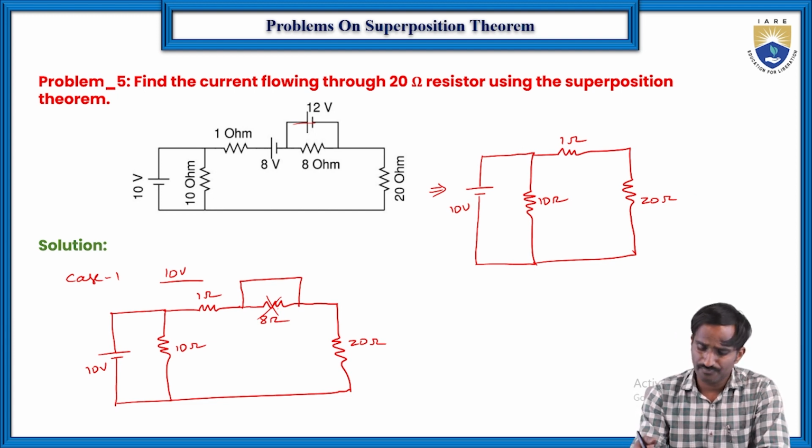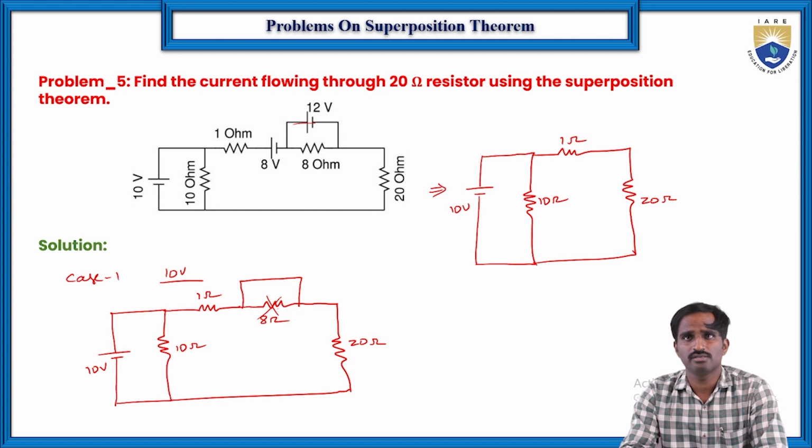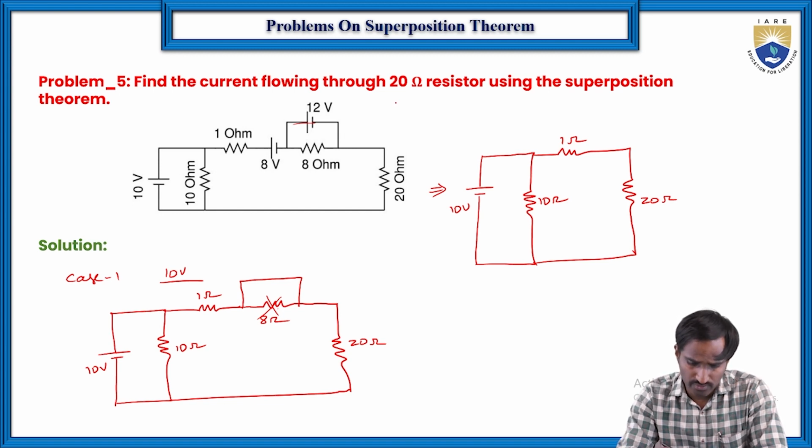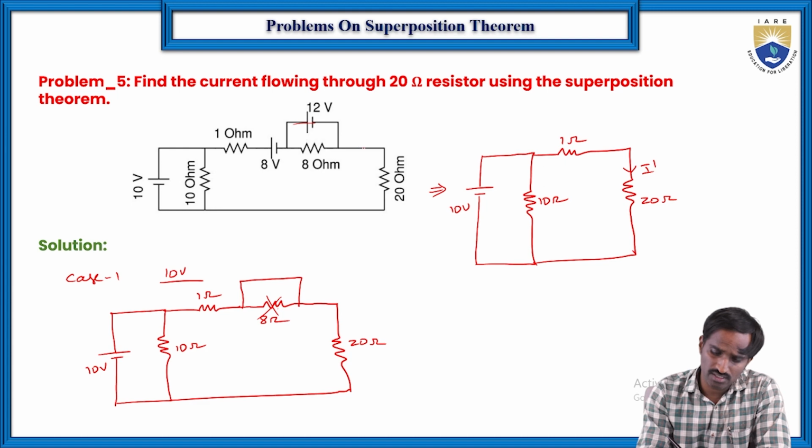Okay, so there are many ways to find the current, because here we need to find the current through the 20 ohms. So in this circuit, let us consider I dash.